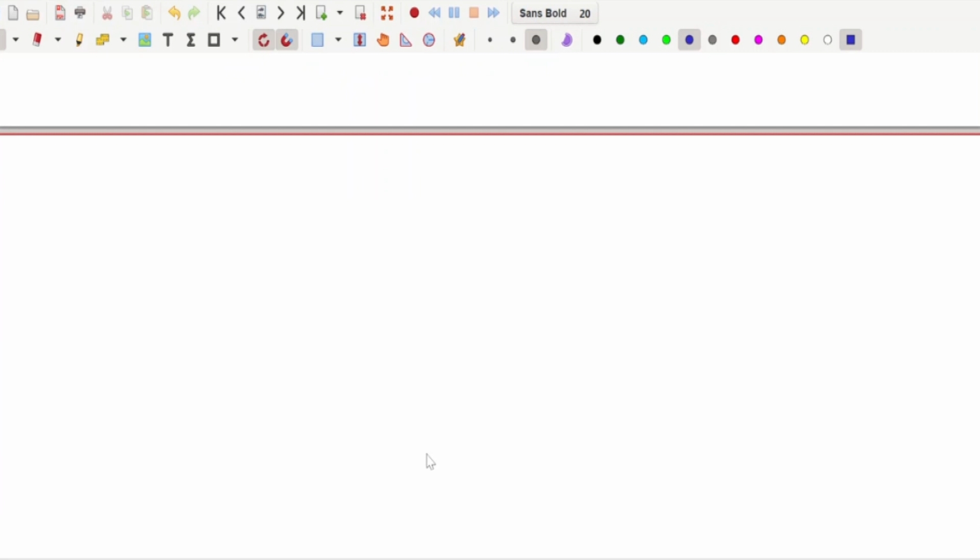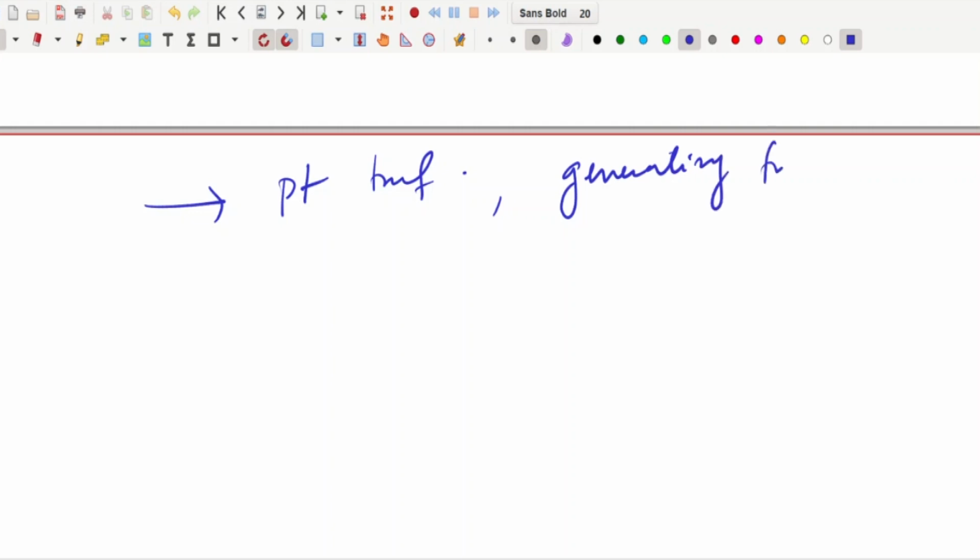Now let me summarize what we have learned. We have seen the point transformation and found the generating functional for that. Then we motivated canonical transformation.